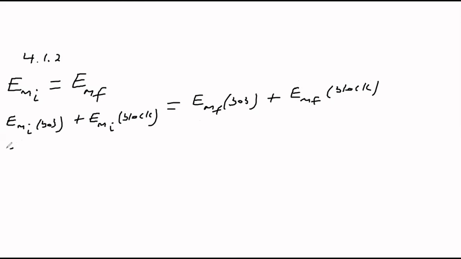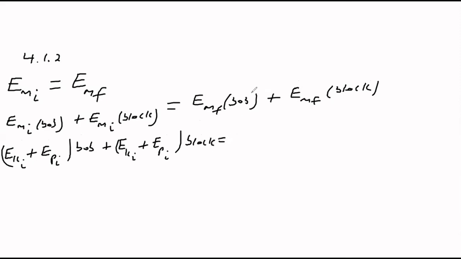For the bob, we have EK initial plus EP initial, plus EK initial plus EP initial for the block, which is equal to EK final plus EP final for the bob, plus EK final plus EP final for the block.